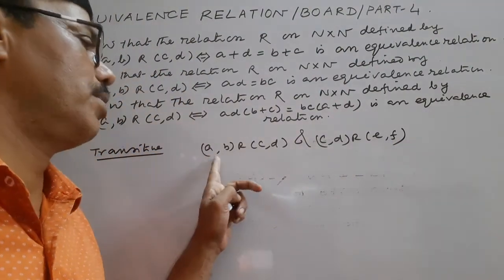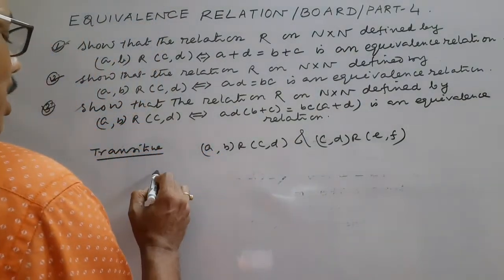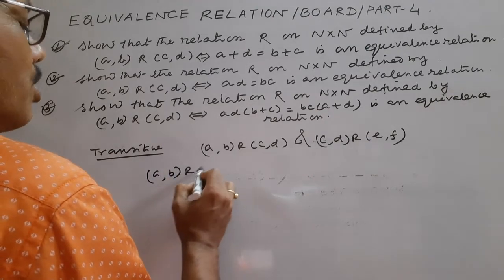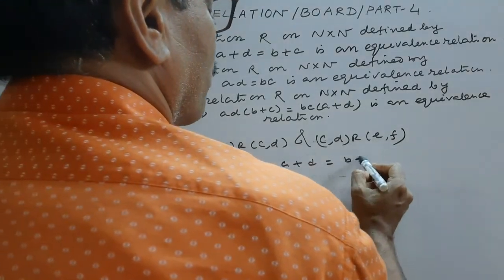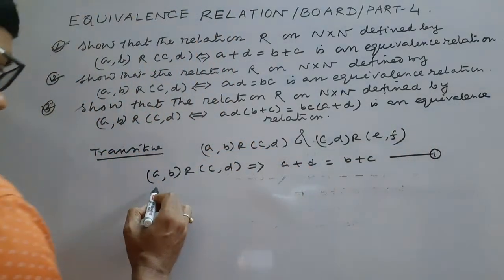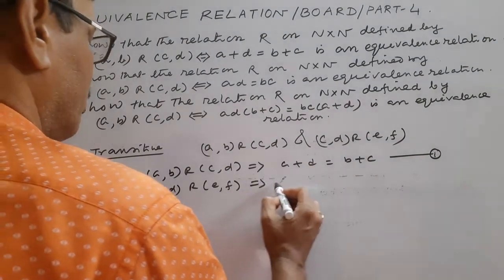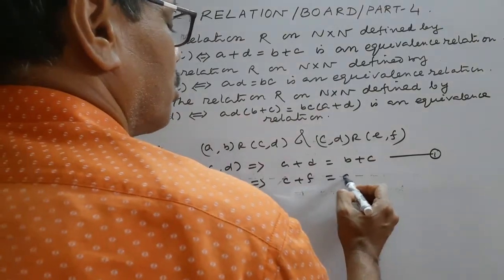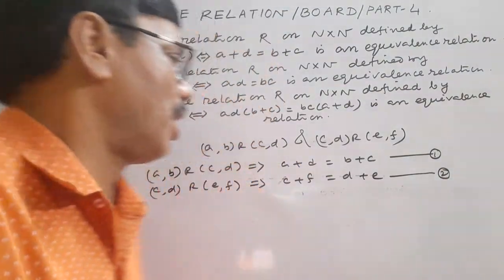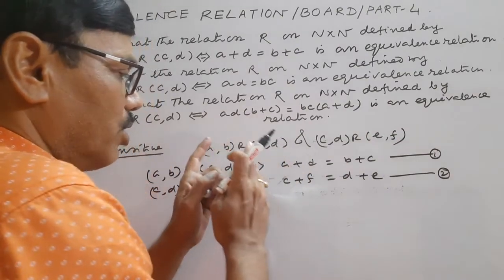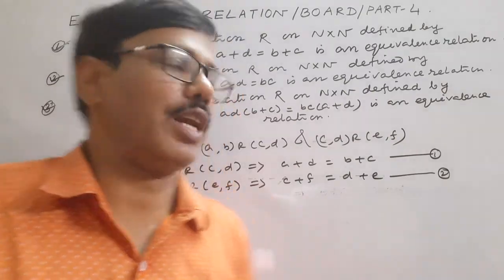You have to prove (A, B) R (E, F). So (A, B) R (C, D) implies A plus D equals B plus C. This is 1. Now (C, D) R (E, F) implies C plus F equals D plus E. This is 2. Now we have to prove (A, B) R (E, F). There should be no C and D term. You have to get a relation which is independent of C and D.